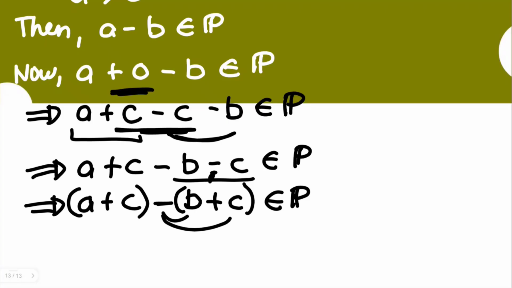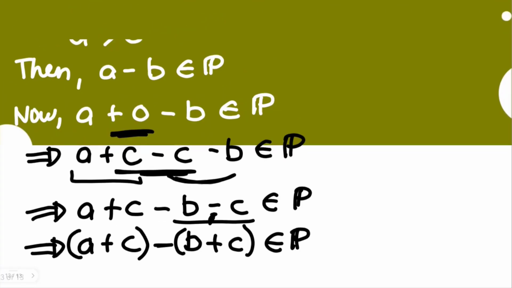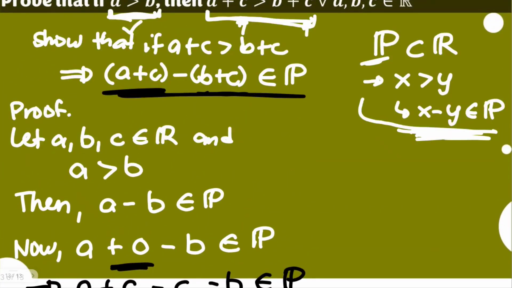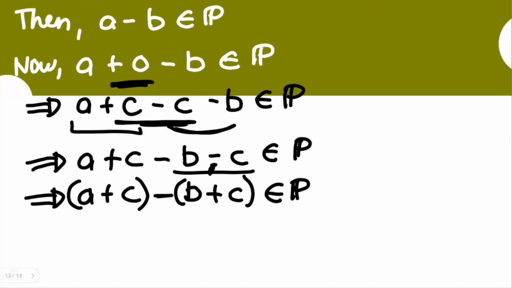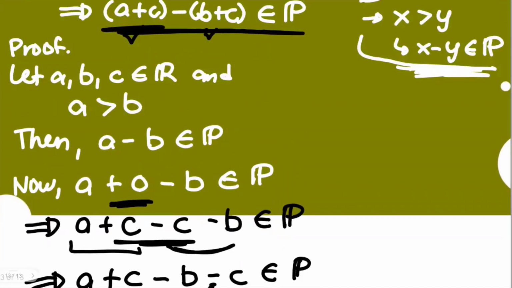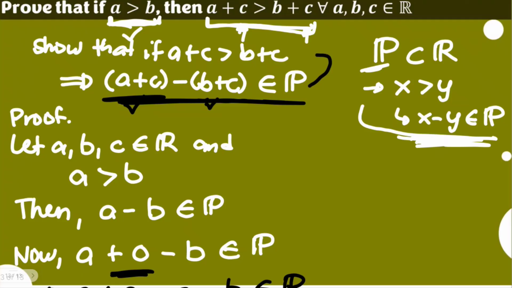Now, what is this, by the way? This is what we are trying to show here, that the difference of A plus C and B plus C is still an element of the set of positive real numbers, as shown here. In short, we now have the criteria to say that this inequality is true according to the definition of the set of positive real numbers.